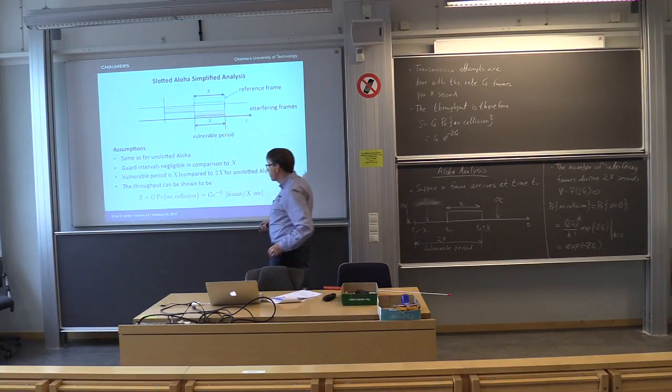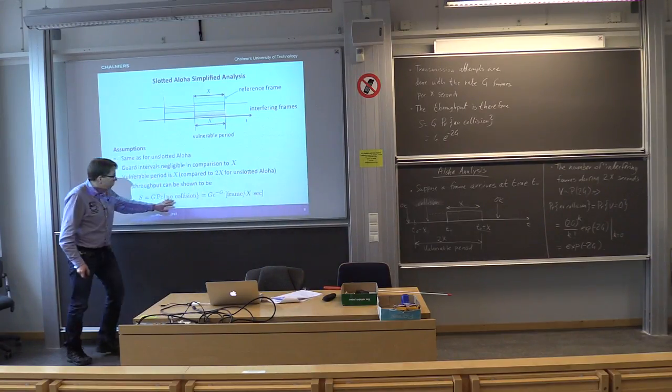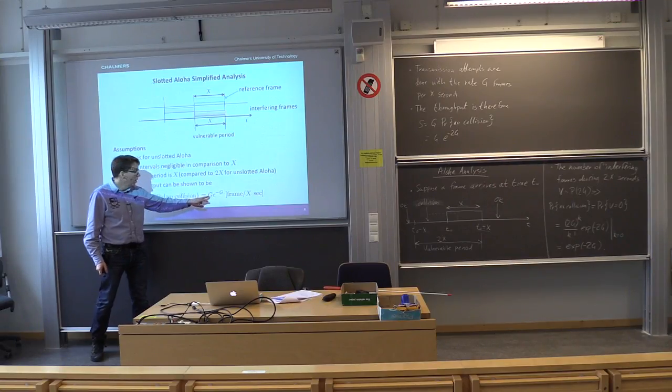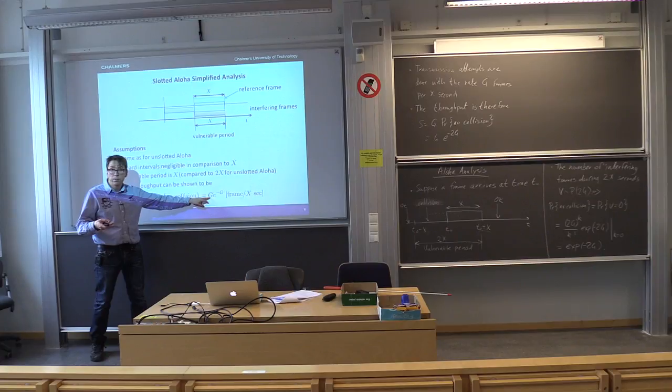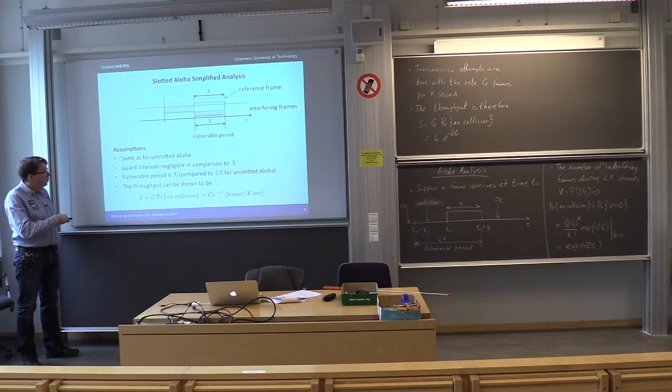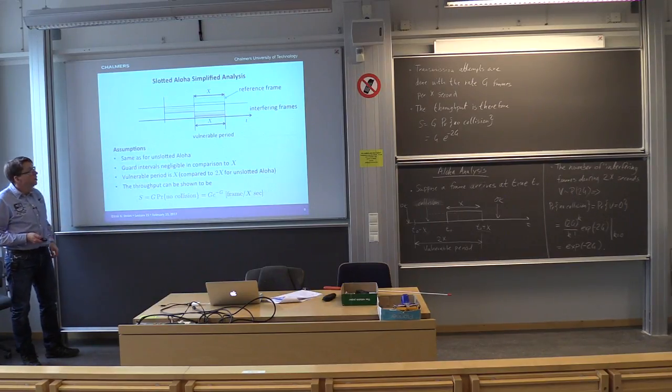So the probability for no collision is now e to the negative G instead of e to the negative 2G. Okay. So that's the only difference. The attempt rate is still the same G. Okay, so now this is the throughput for slotted ALOHA under these conditions, of course. So is this any good?